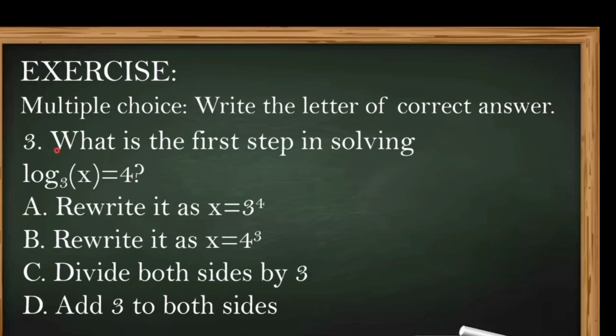Let's have number 3. What is the first step in solving log x base 3 is equal to 4? A, we write it as x is equal to 3 to the power of 4. B, we write it as x is equal to 4 to the power of 3.